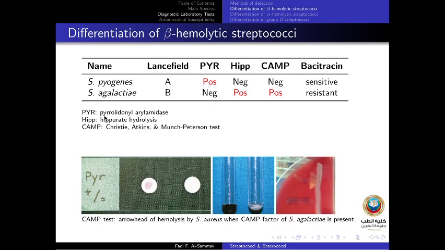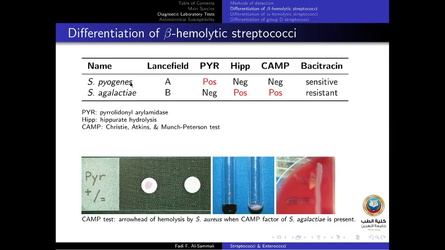You are not required to remember the whole name or the complete name of the test. Just PYR is fine. So if it is positive, then it is a confirmatory test for the presence of S. pyogenes if you have a beta hemolytic Streptococcus.